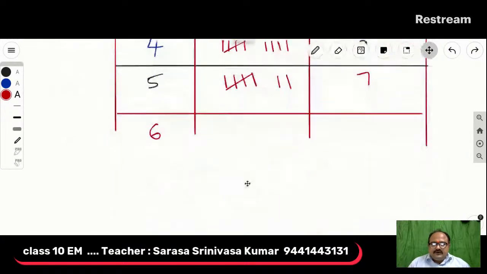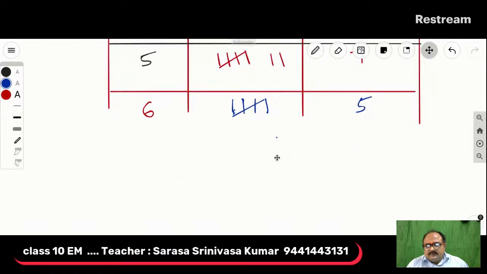So here we should write tally marks 5. It is written as 1, 1, 1, 1. This is 5. This is how we write the tally marks.